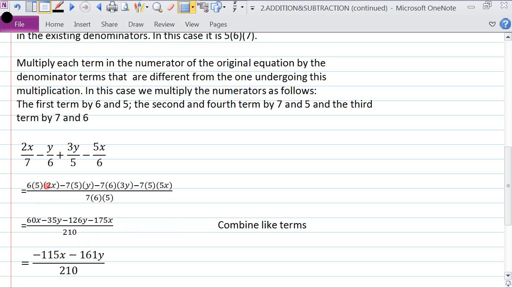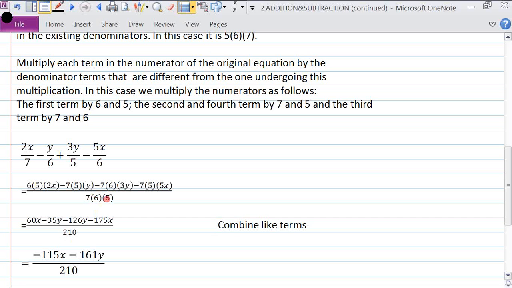And then here you've got 60x, 6 times 5 is 30, times 2x is 60x. 7 times 5 times y is minus 35y. 7 times 6 is 42, times 3 is 126, so I get minus 126y. And here I have 7 times 5 times 5 gives me minus 175x.